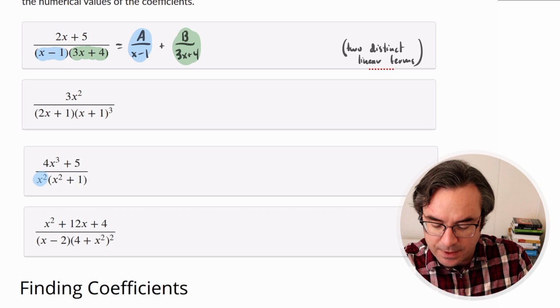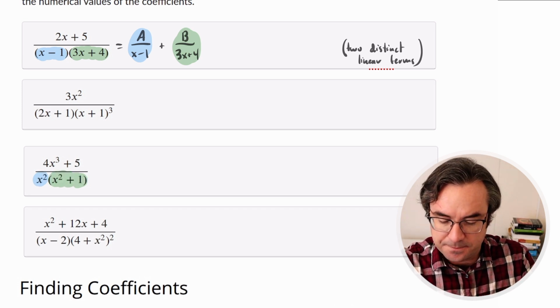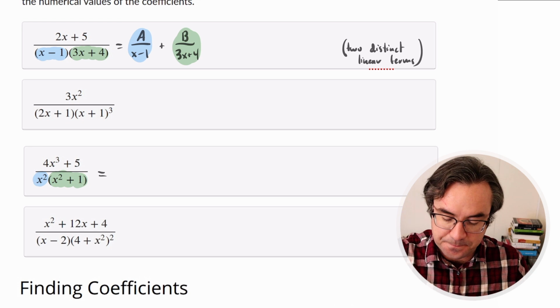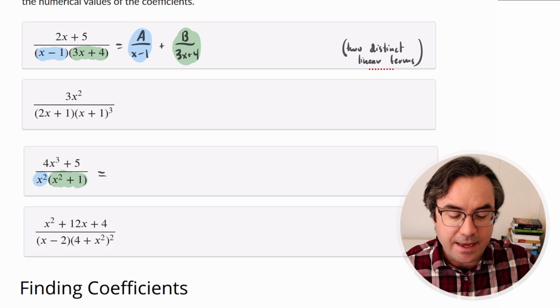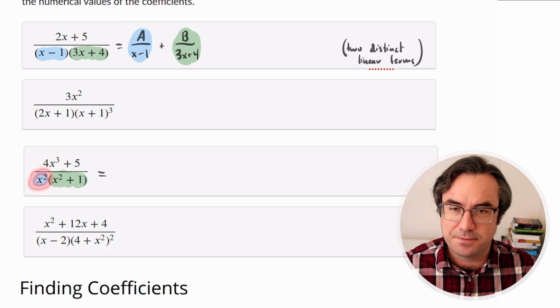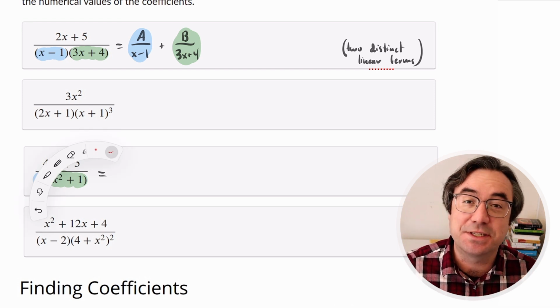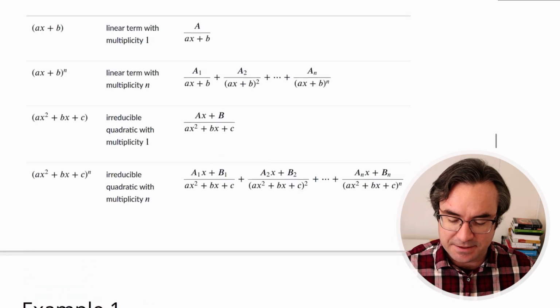Well, we've got the x squared, and then we've got the x squared plus 1. So the x squared is actually a linear term that happens twice. It has multiplicity 2. So what do we do in that case?